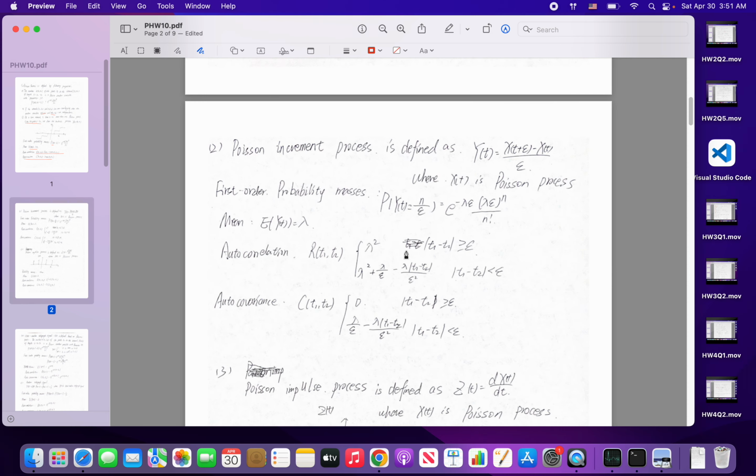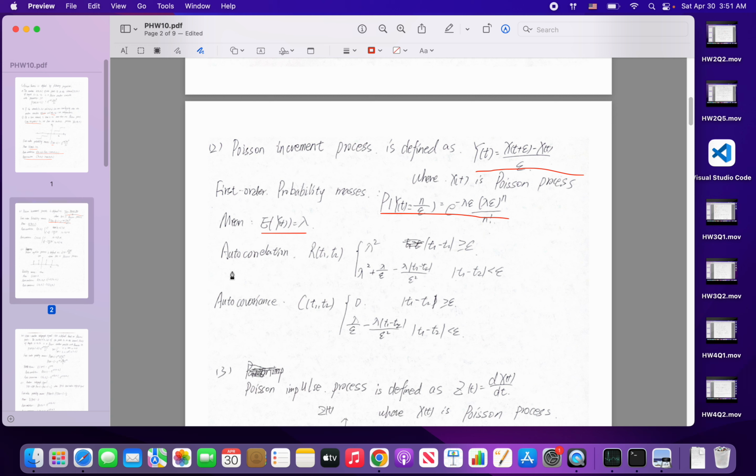And for question 2, we talk about the Poisson increment process, and it's defined by this. Its first order probability mass is this, and the mean is this. It's a constant.